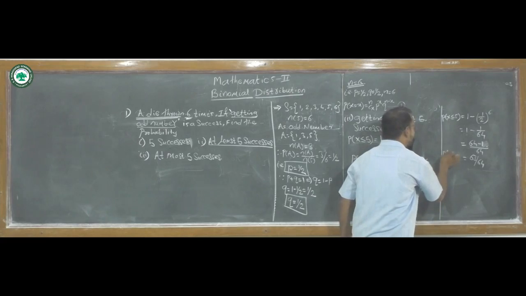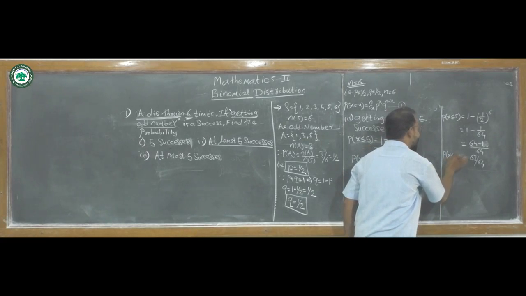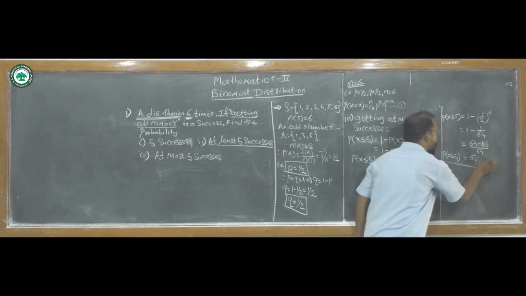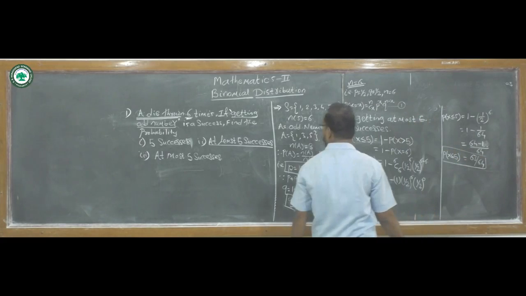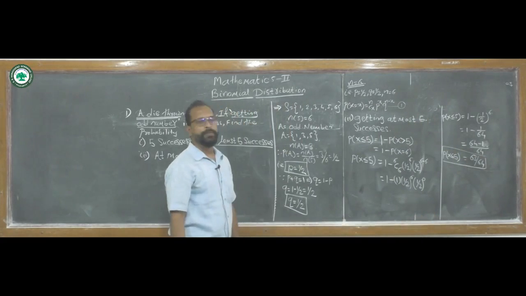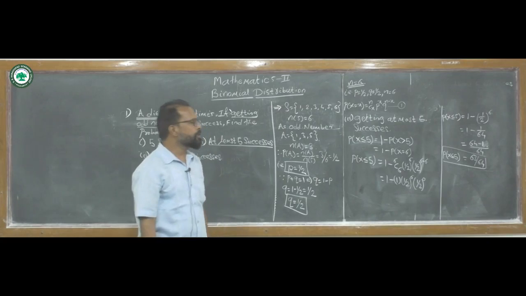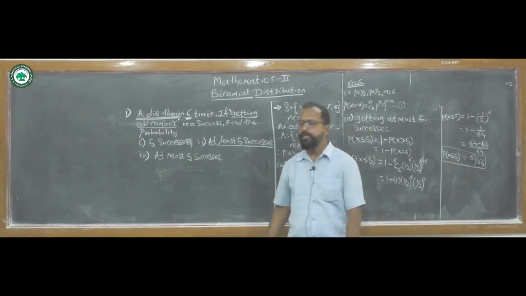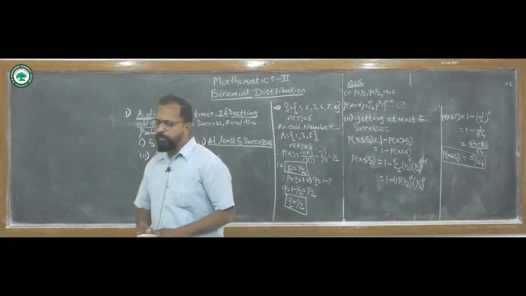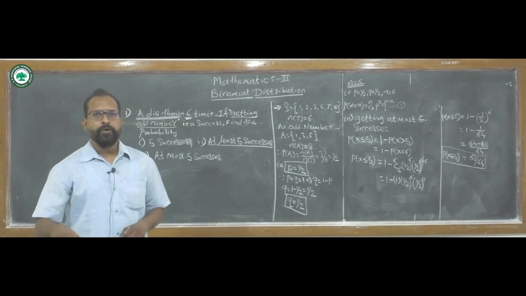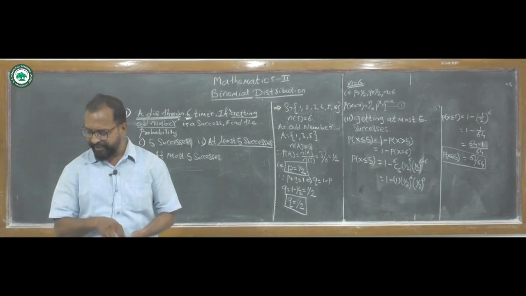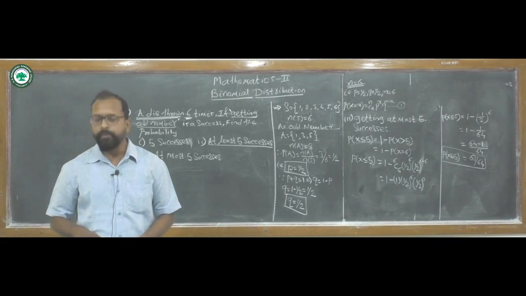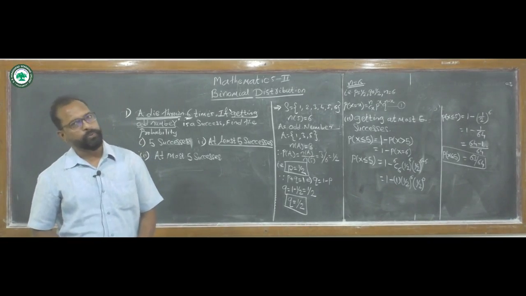So the probability of getting x less than or equal to 5, that is the probability of getting at most 5 successes, is 63/64. Now in the next lecture we continue exercise 8.1 from example number 2. Thank you.